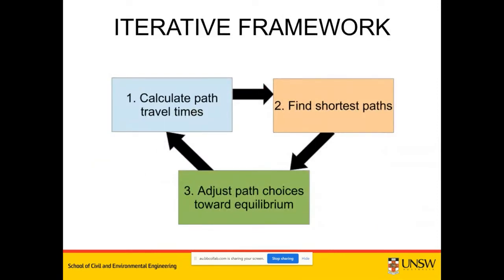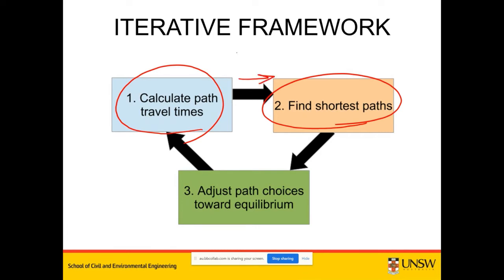And that's where this iterative framework comes into play. You first start with calculating path travel times. You find the shortest path. So here, this arrow is, for example, the Dijkstra algorithm. You apply the shortest path algorithm for any OD, for all the ODs, and you find the possible set of paths, the shortest paths.